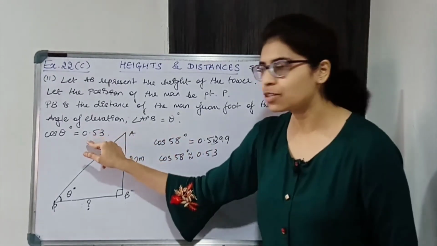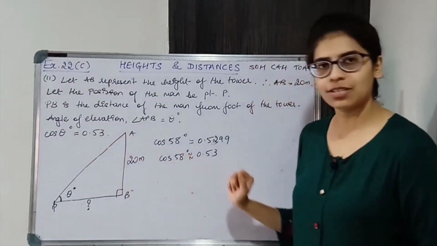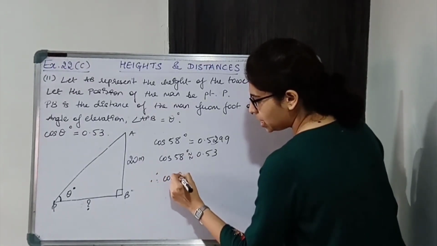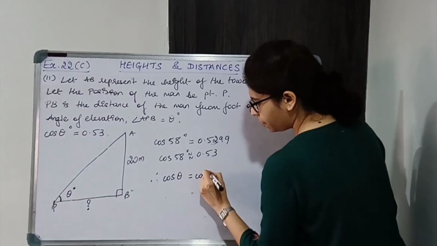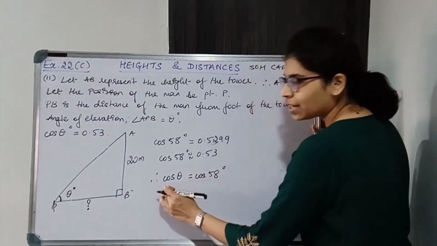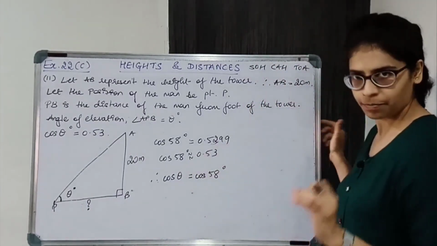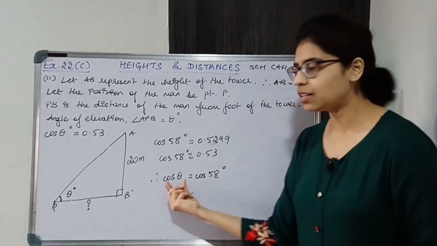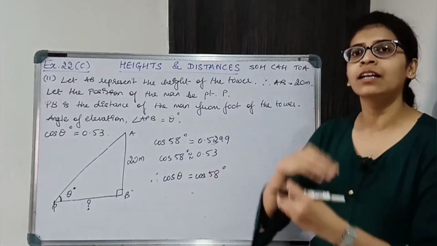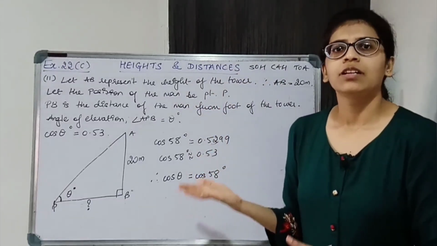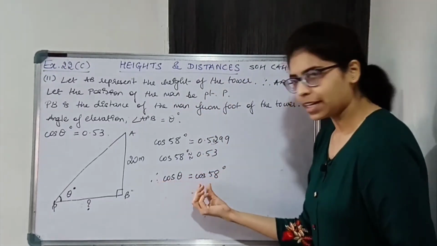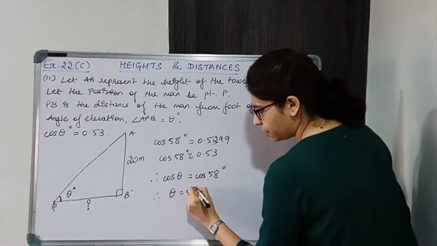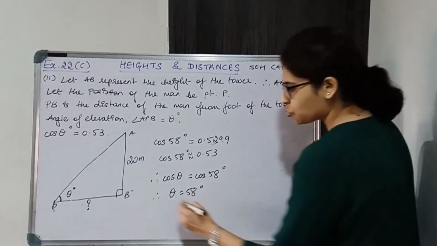Since the RHS is equal, I can say the LHS is equal. So therefore cos theta is equal to cos 58. Don't cancel cos, you don't do that. Cos doesn't cancel. Since cos of this angle is equal to cos of this angle, it means the angles are equal. Always keep in mind you don't cancel this out. So therefore I can say theta is equal to 58. So we got theta.